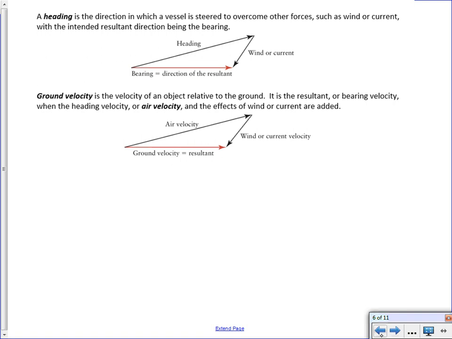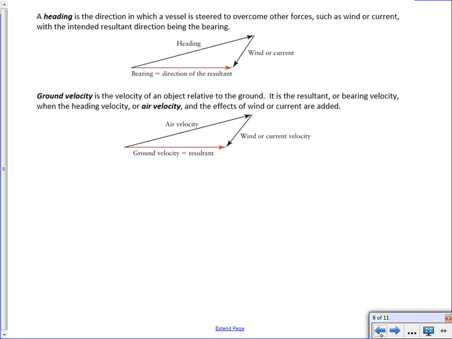So a heading is the direction in which a vessel is steered to overcome other forces such as wind or current, with the intended resultant direction being the bearing.